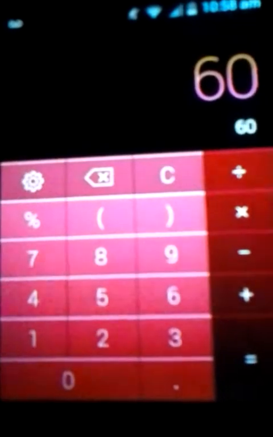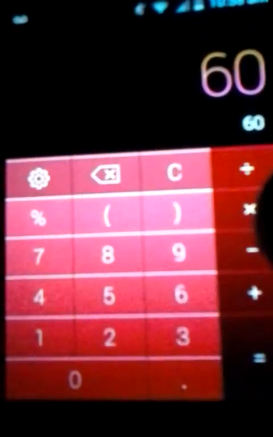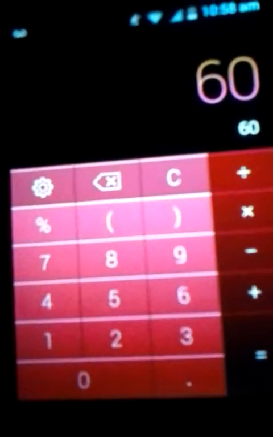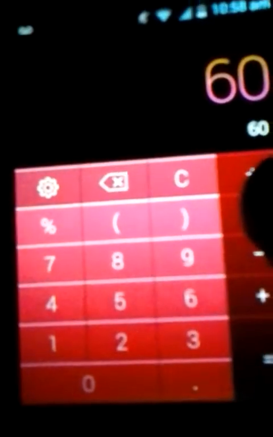So every day is 360 degrees, correct? And if you look closer, you'll see that 60 seconds is in every minute, and every hour is 60 minutes, correct?